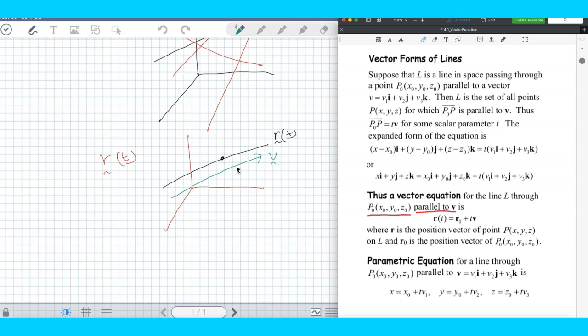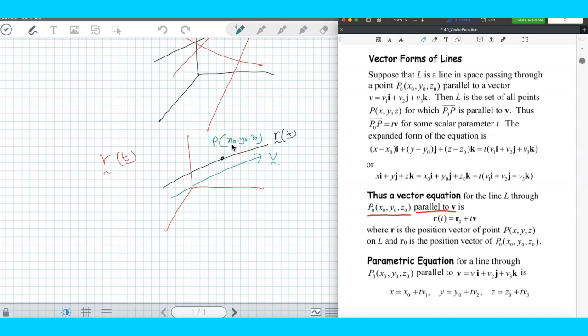Okay, and the point P here is called the point P. When you have a point, let's say I'm using x naught, y naught, z naught, representing the values of x, y, and z. So this one is a point. In order for you to obtain r, you have to convert the point P into a position vector.